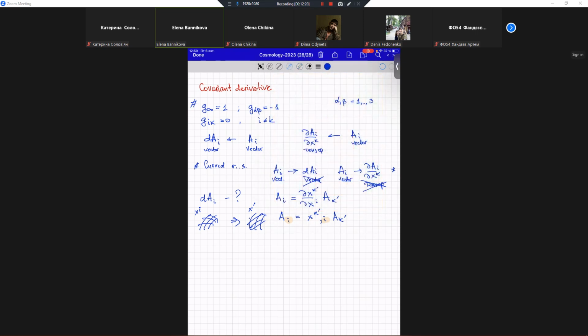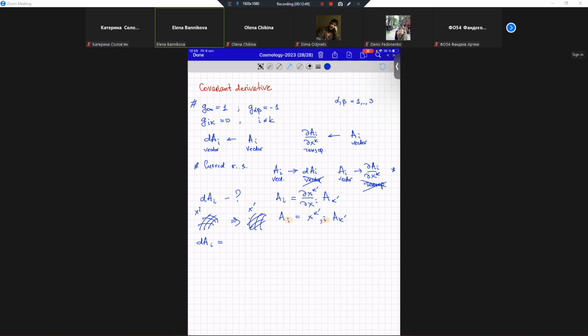Okay, so let's see what we will have. Now I want to consider d, a, i. So it means I need to apply d, this is the normal operation of finding a differential.